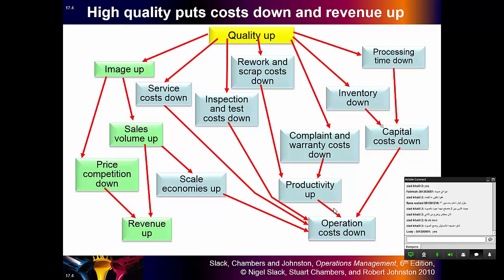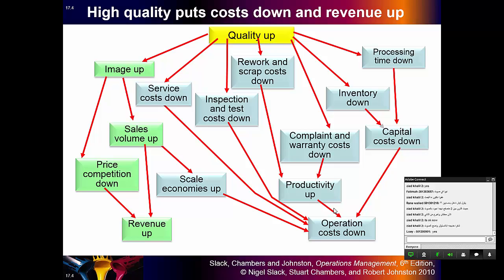Okay, and this is one of the paths that you can see here. We have different paths. One of them is for quality to make the revenue go up through increasing the sales volume and increasing the image of the product.